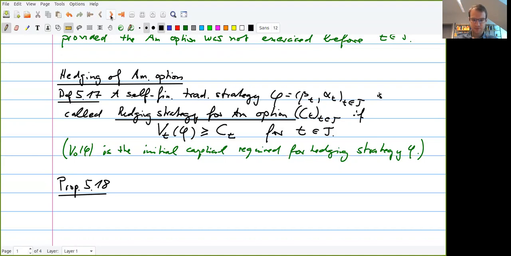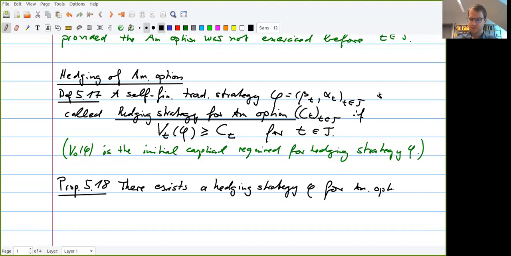Indeed, there exists a hedging strategy phi for our American option C such that the initial capital I need to implement this hedging strategy phi is exactly the arbitrage-free price of the American option.